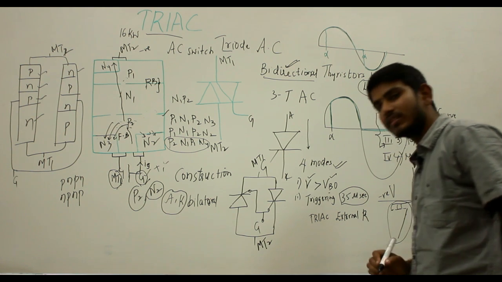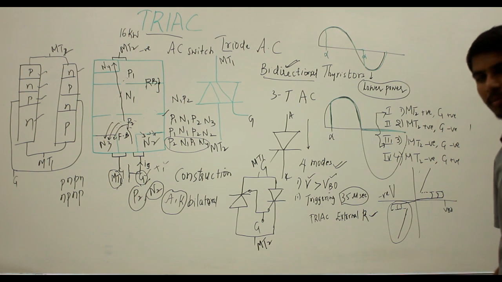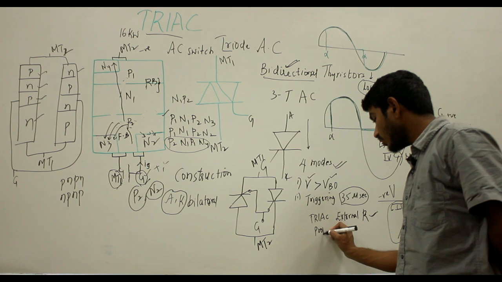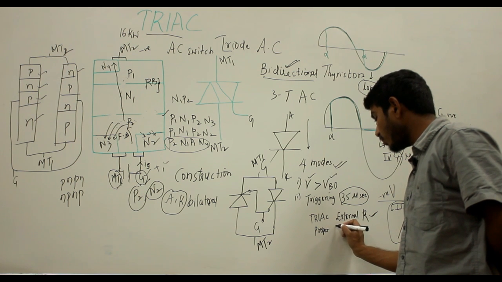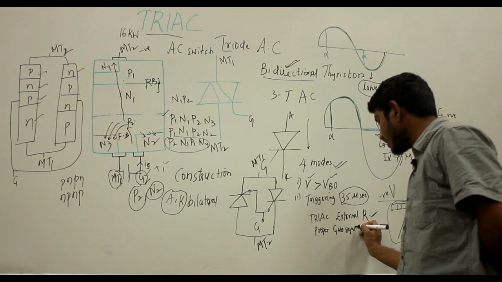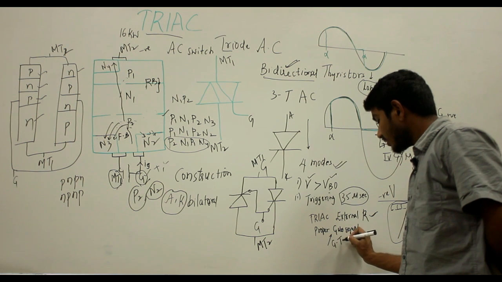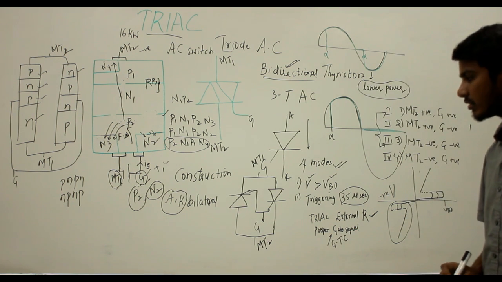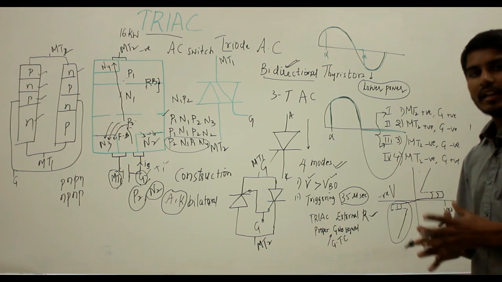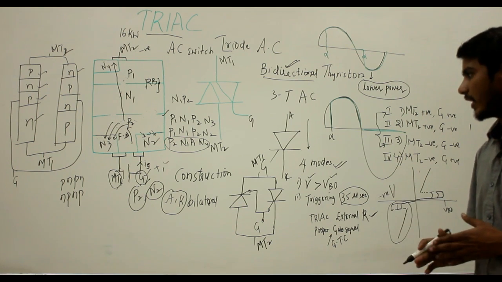The firing can be provided to the triac by a proper gate signal with proper firing angle, and this proper gate signal can be obtained from the gate triggering circuits. So the diac can be used for triggering the gate pulse of your triac, and the triac with the diac combination can be called as the quadrac.